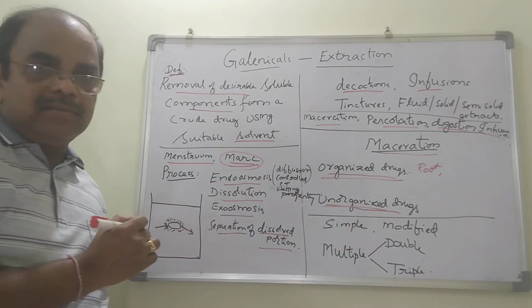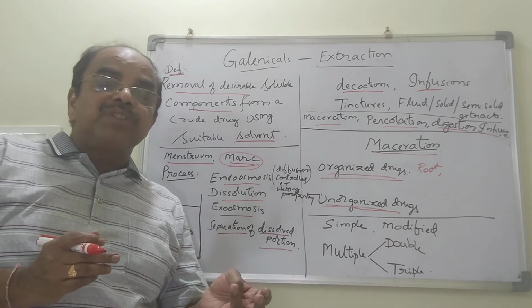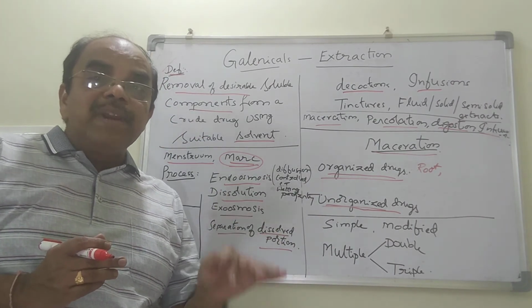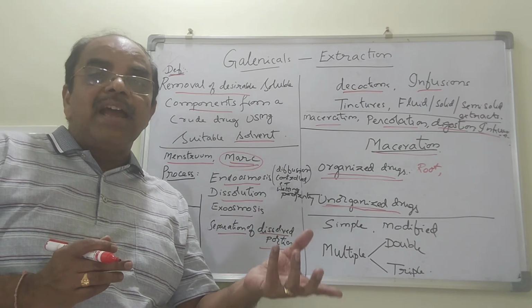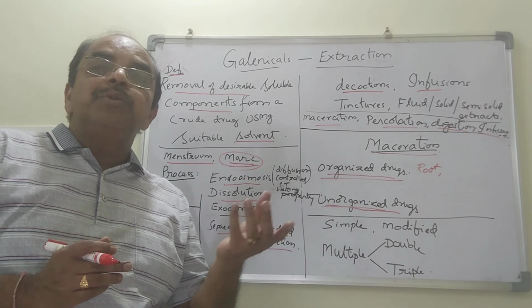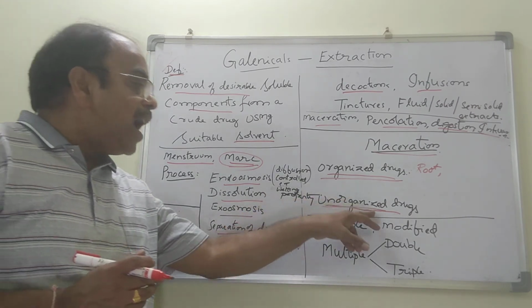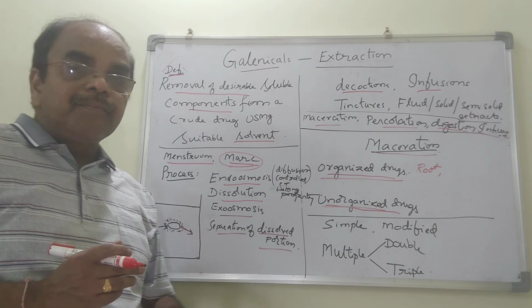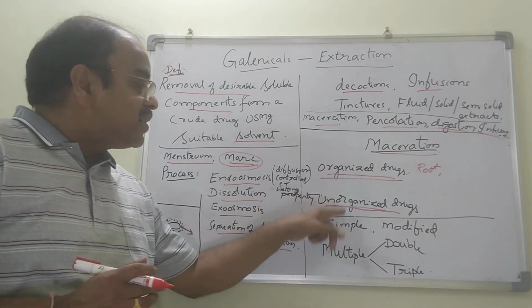Unorganized crude drugs means latex, gums, resins, gum resins, oleogum resins, like opium, aloes, acacia, tolu balsam, peru balsam, which are examples of unorganized crude drugs. Based on the type of drug, you have to choose a different maceration process.